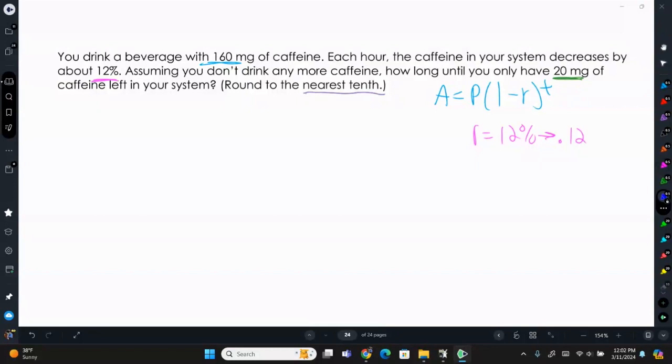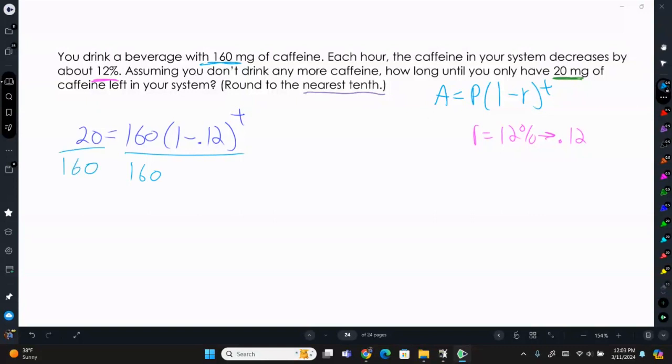So now it's going to be 20 equals 160 times 1 minus 0.12 raised to the t power. Divide both sides by 160. 20 divided by 160 gives you 0.125. So 0.125 equals 1 minus 0.12, which gives us 0.88, raised to the t power.